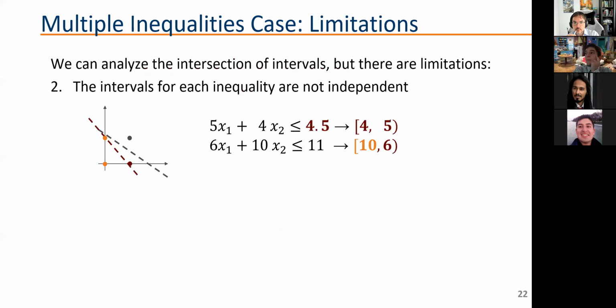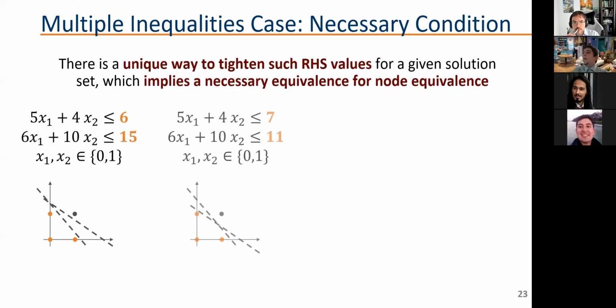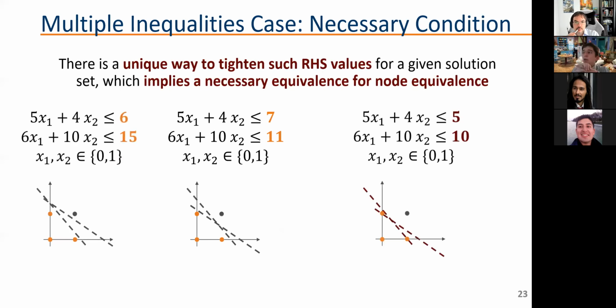But even though we have these issues with the intersection of the intervals and the fact that one constraint affects what the other constraint can do, there is something else that always remains true, which is if we just make each one of these constraints as tight as we can, which in this case would be, we make the right-hand side so small that there is one solution being satisfied at equality.